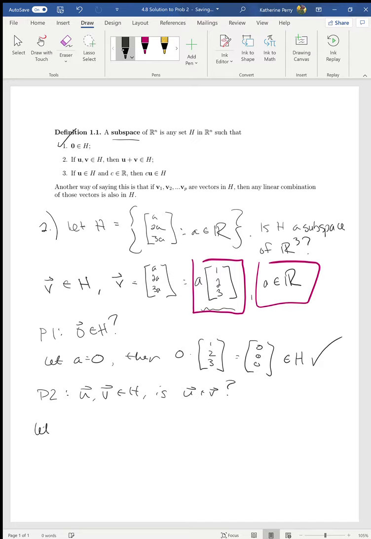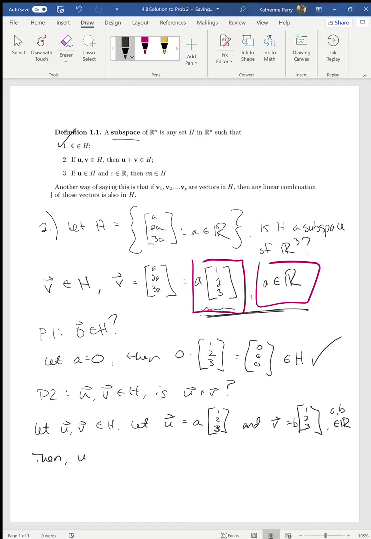I'll say let U and V be in H, and let U be equal to A times the vector 1, 2, 3, and V equal B times 1, 2, 3, where A and B are in R. So that meets this pink definition here.